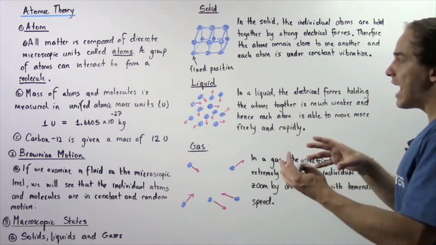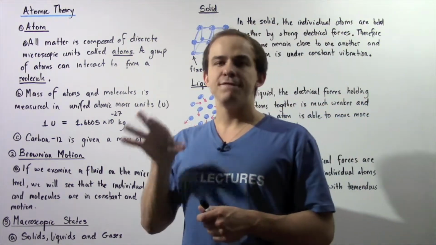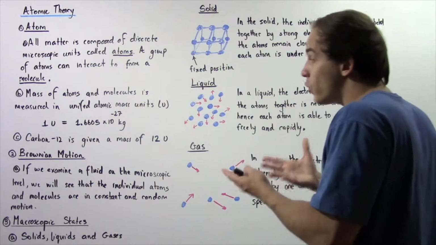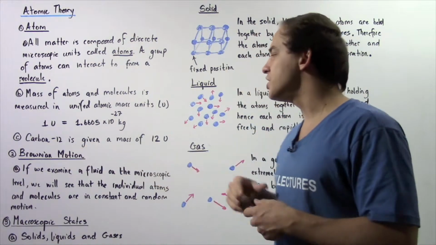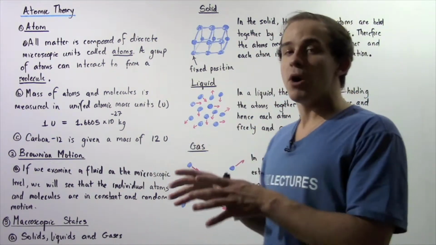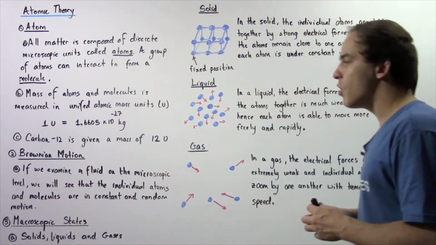So in a solid, we have a relatively fixed position and the atoms vibrate about a fixed point. In liquids, because of the weaker electrical forces, the atoms are able to move about in Brownian motion. And in gases, the molecules move with much faster velocities, also exhibiting Brownian motion.